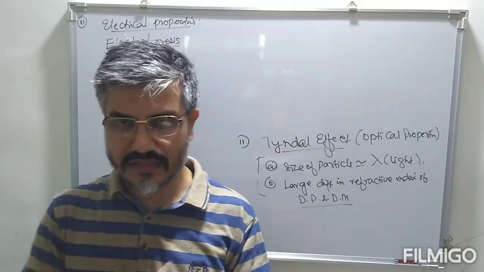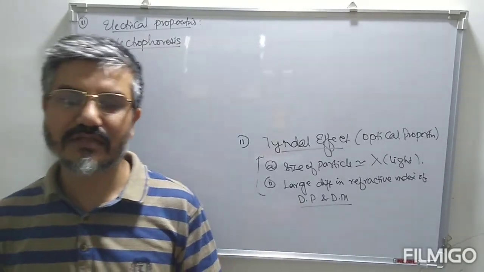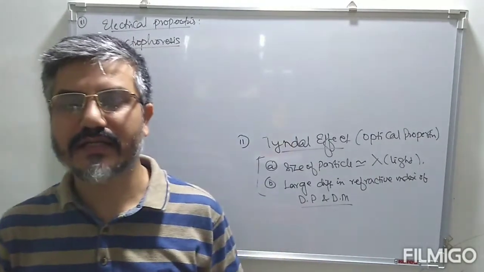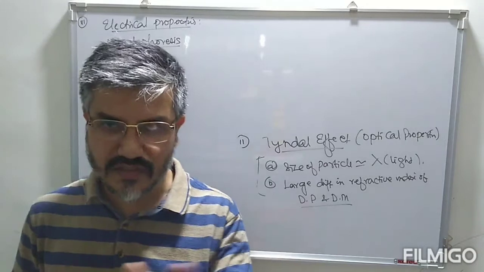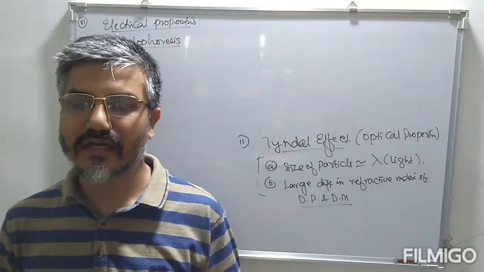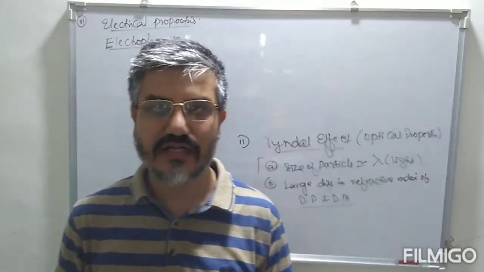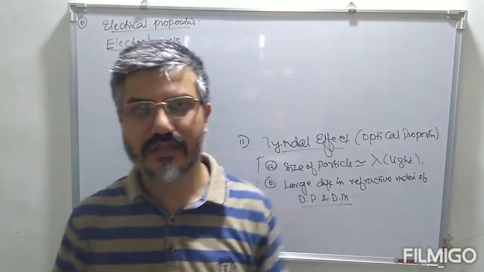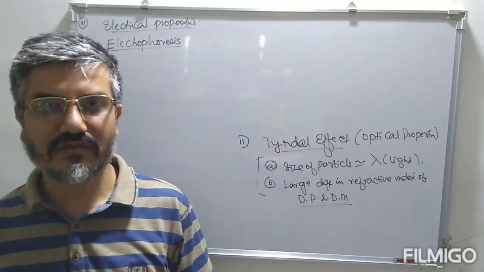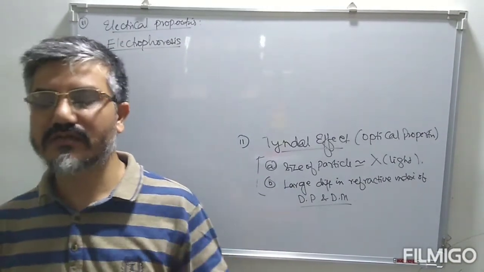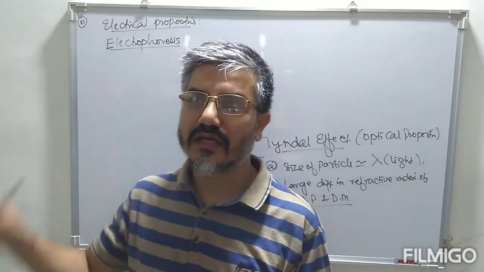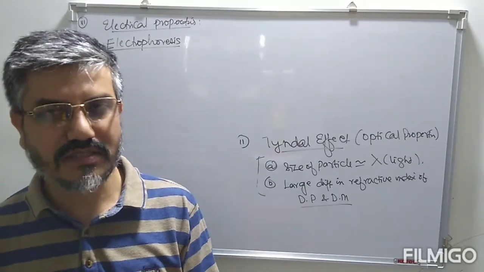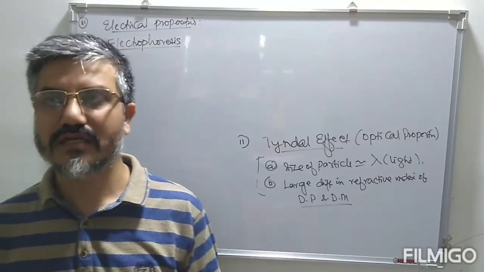When potential is applied, the particles of the colloidal solution, being positively or negatively charged, move either to the cathode or towards the anode. If there is no net migration of the particles, we simply say there is no charge. If there is net migration of the particles under the influence of an electric field, this proves that the particles are charged.